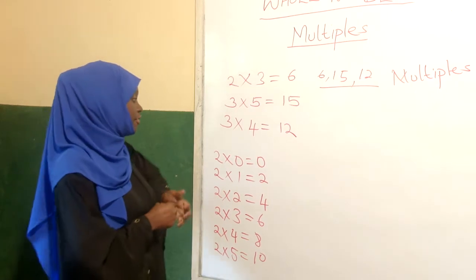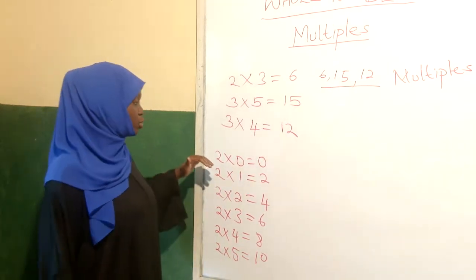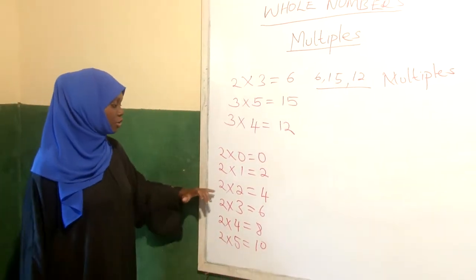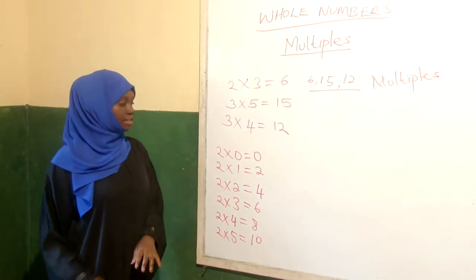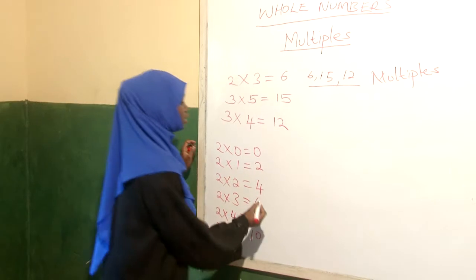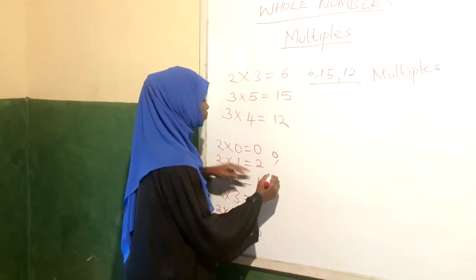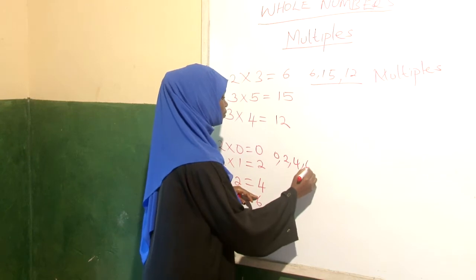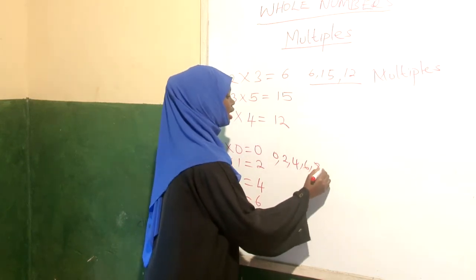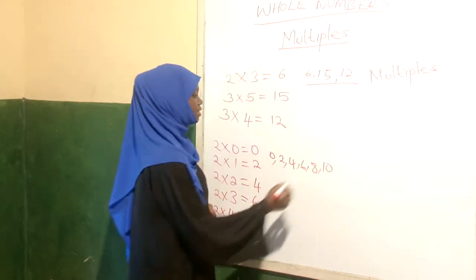So these are the first 6 multiples of 2. This is the first one, the second one, the third one, the fourth, the fifth, and the sixth. So the first 6 multiples of 2 will be 0, 2, 4, 6, 8, and 10.